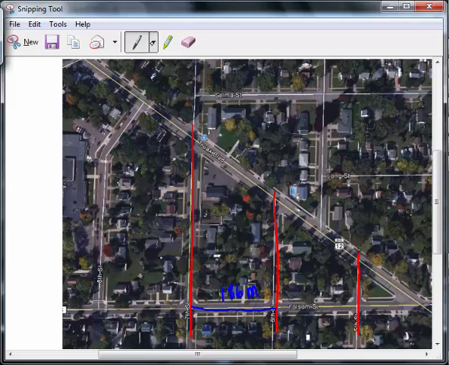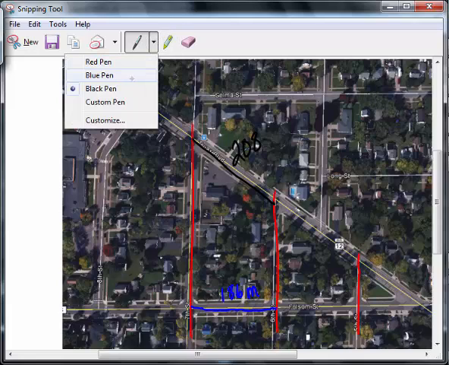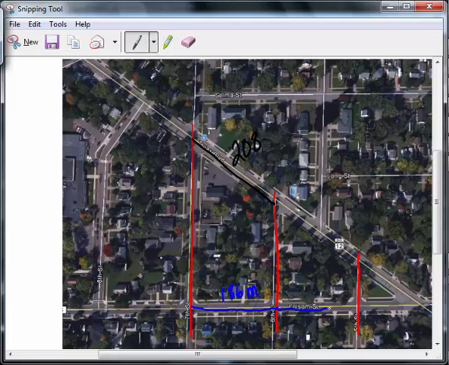This distance up here is 208 meters. From here to here is 203 meters. We want to know what this distance is.